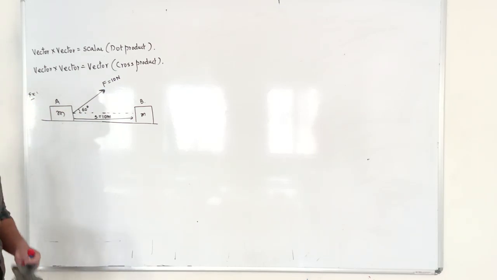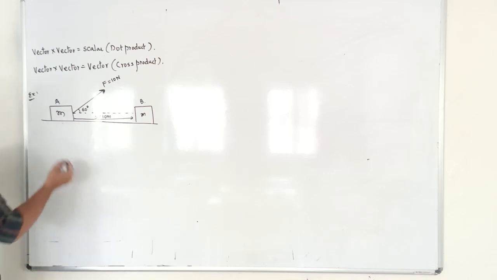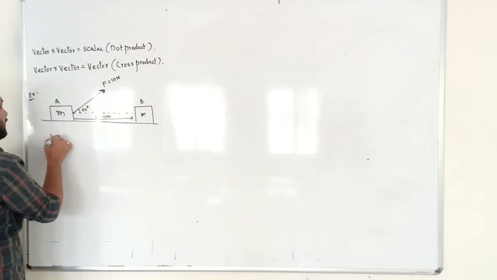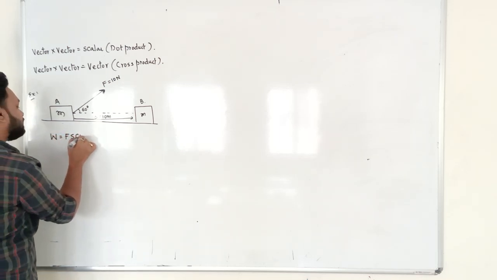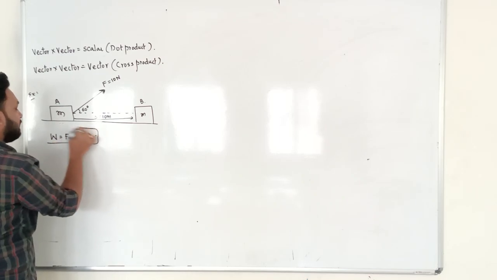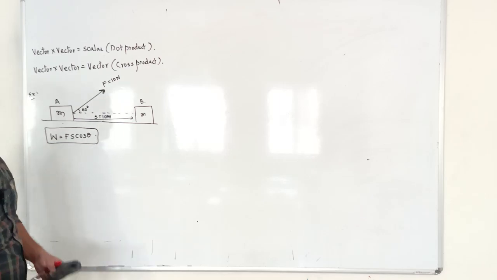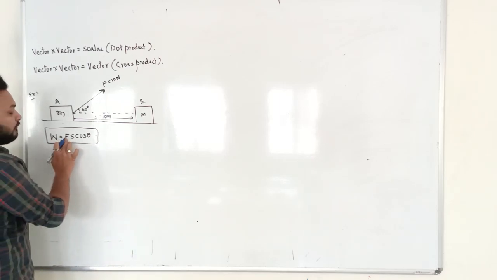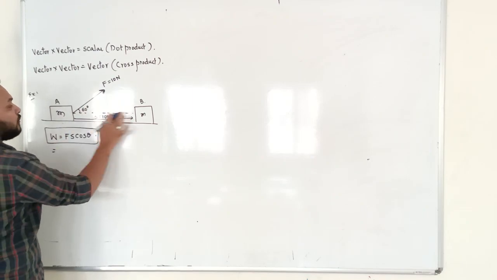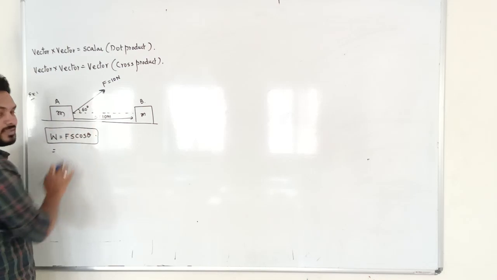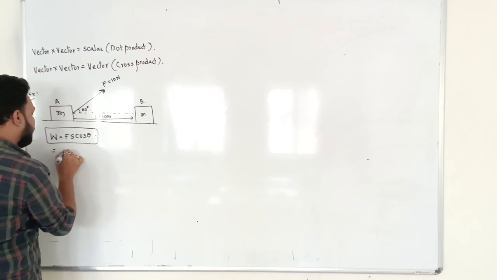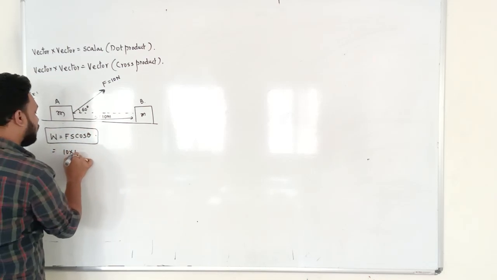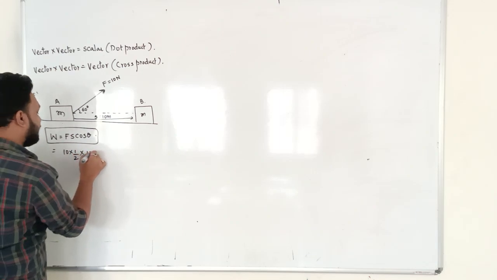By the equation, work done equals Fs cos theta, which we know from the work energy power chapter. The force is F cos theta, 10 into cos 60, which is 1 by 2. The displacement is 10 meter.